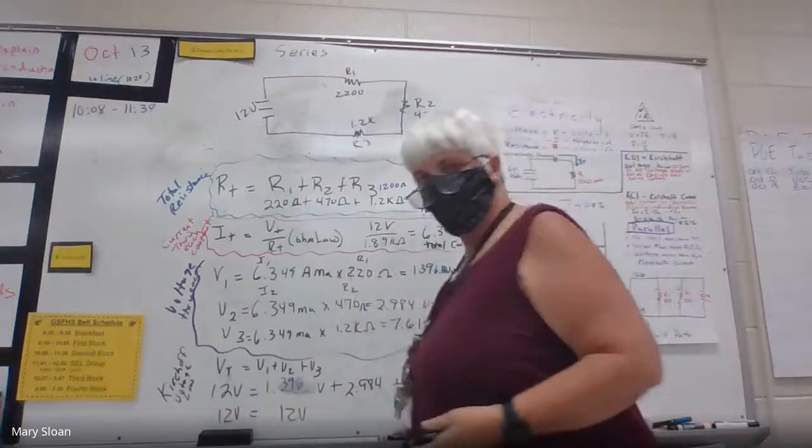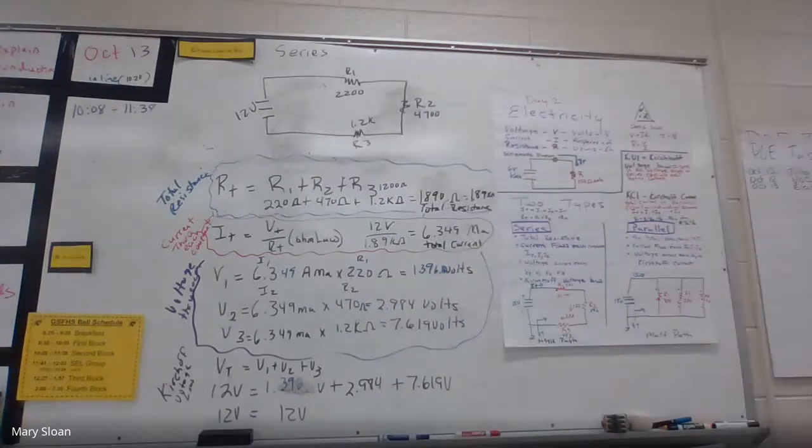The reason we're doing this is because you're going to have to do these with the practice problems, and I want to make sure you know how to do them. 6.349, and I'm going to times that by 470 ohms, and I get 2.984. Perfect.